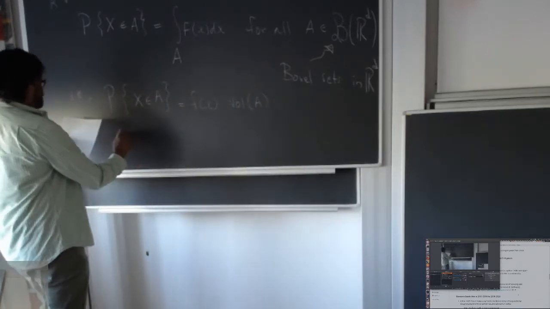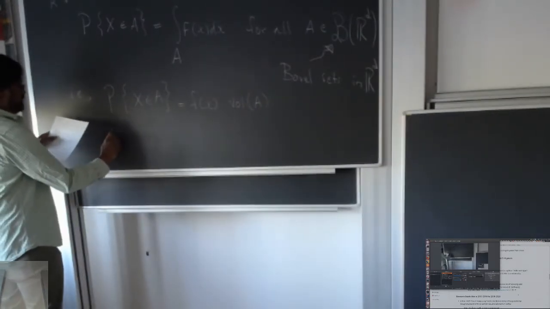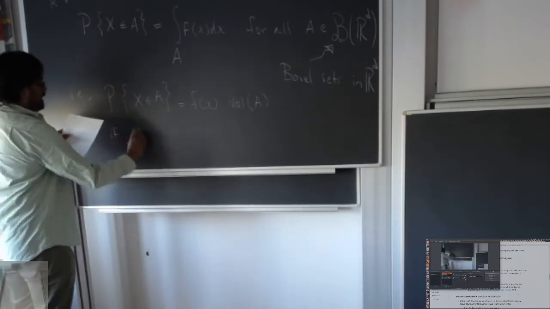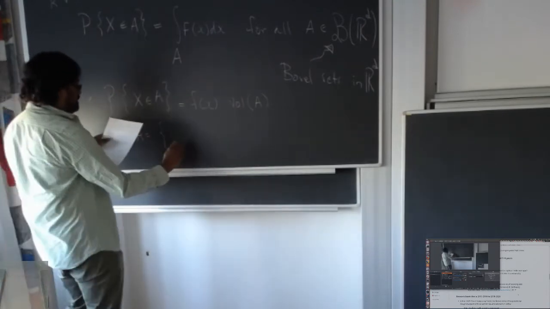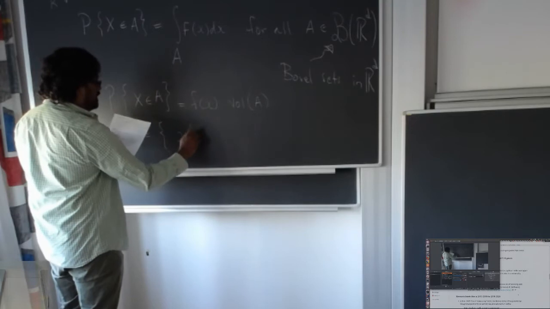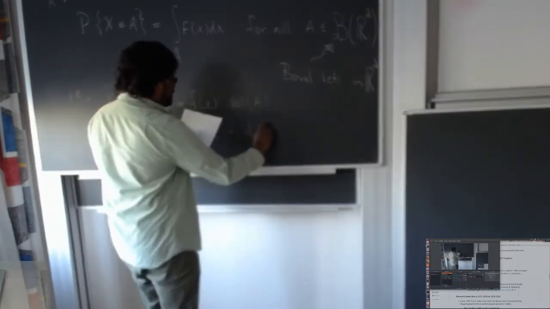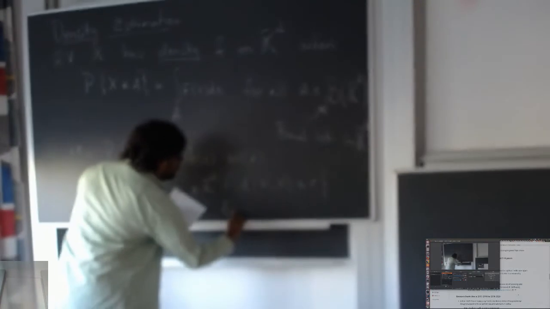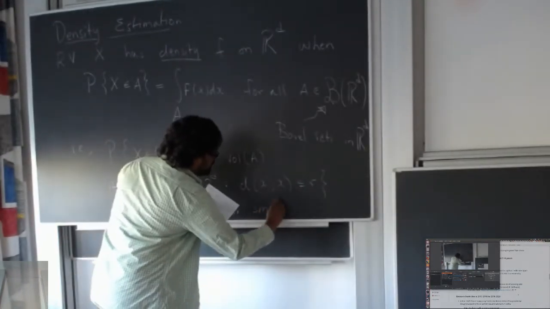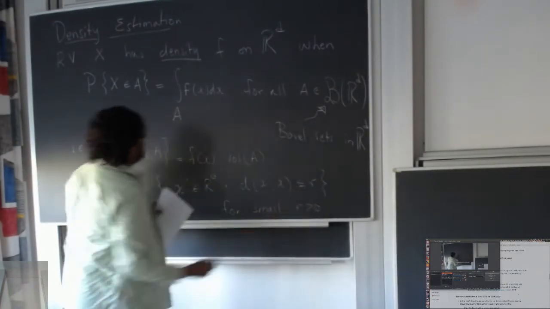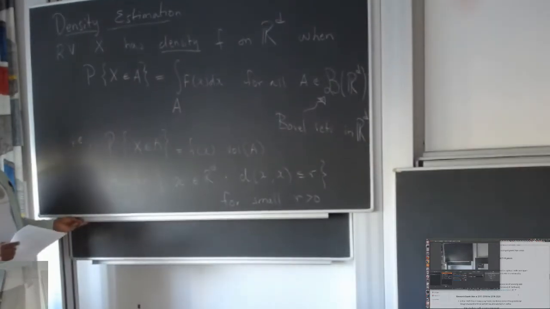And so this happens if A is simply the set of all x prime in R^d such that the distance between x prime and x is less than or equal to r, for small positive r. So that's what we mean by density.